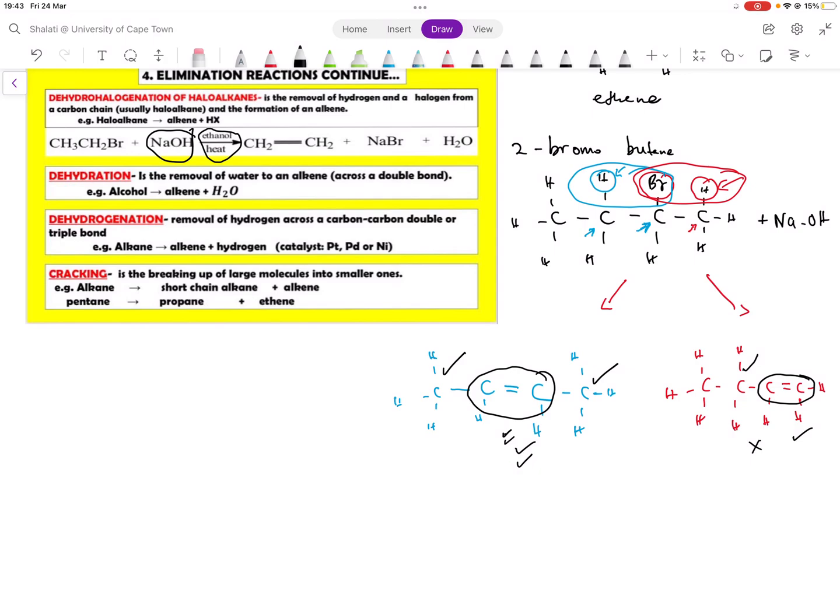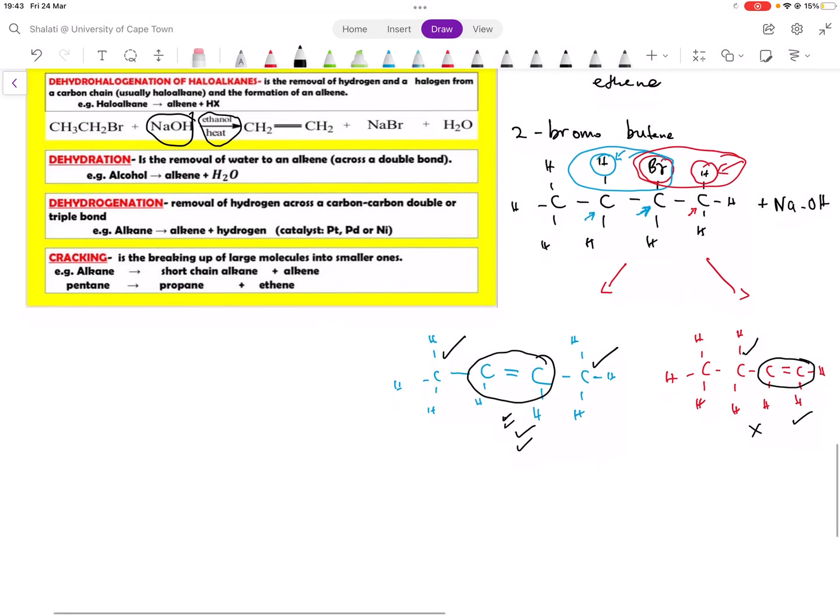Okay, so you can think about it that way. That is the hydrogenation. Okay, so I'm going to explain now dehydration, which is the removal of water.